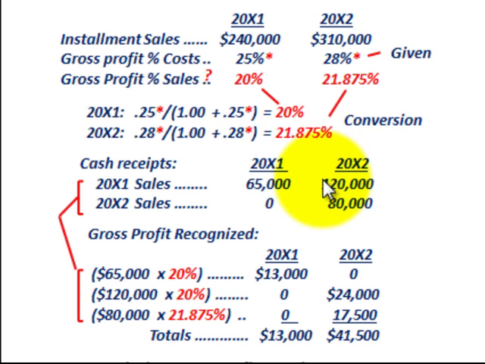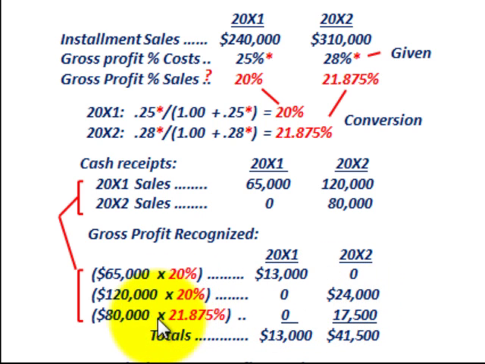Then for the 20x1 sales received in year 20x2, 120,000, all you do is take the 120,000 times the gross profit at 20% that we recalculated. That's going to give us 24,000. So in year 20x2 we'd recognize 24,000 in gross profit.